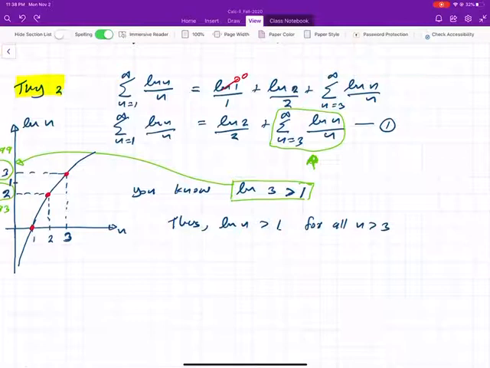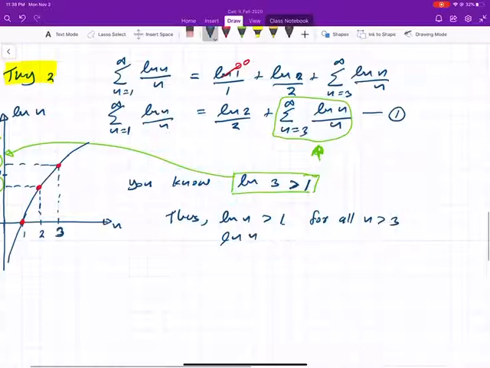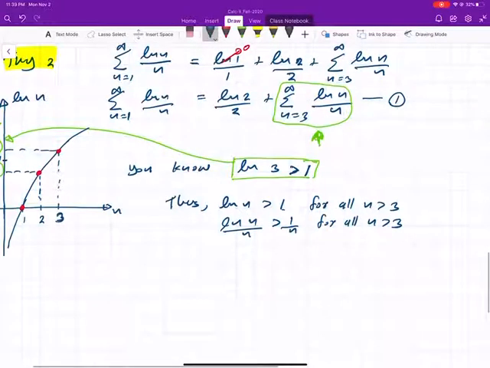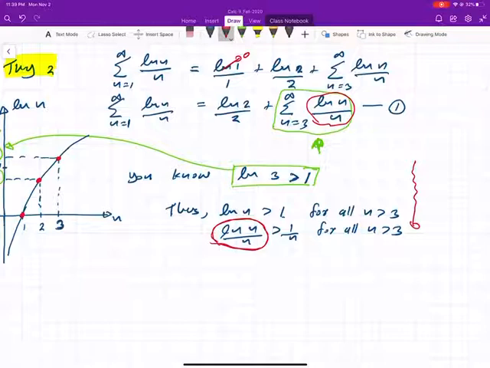So I'm going to write ln n divided by n, and you can see this part is already there. So that's why I just did everything from the beginning, because I just wanted to make that part over here, which is equal to that.